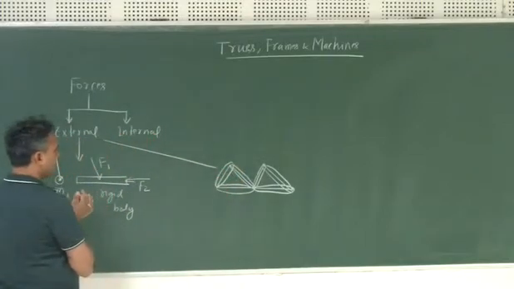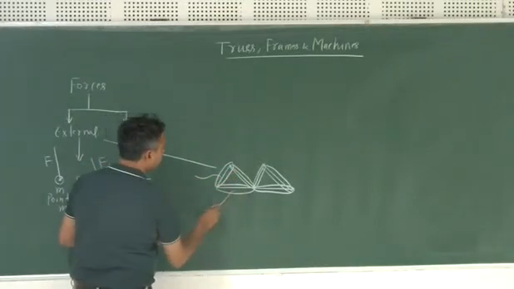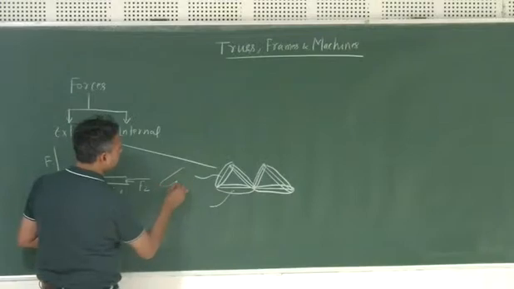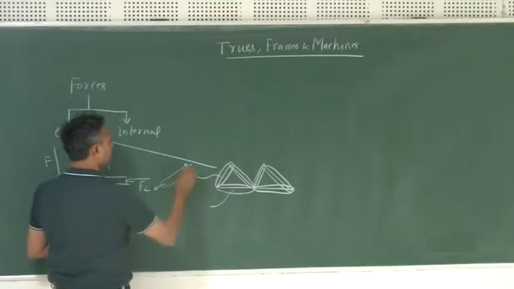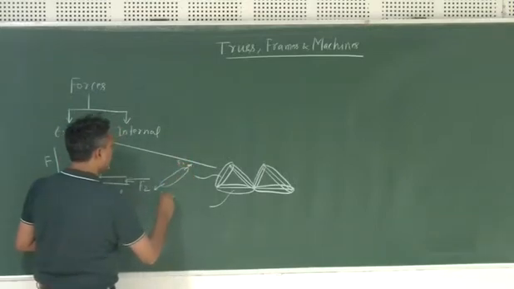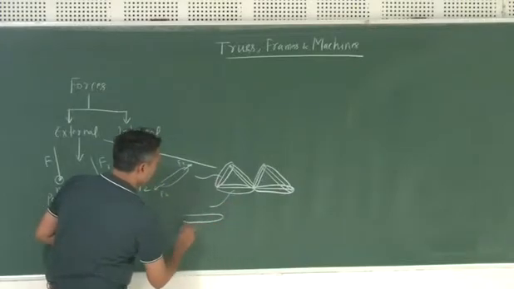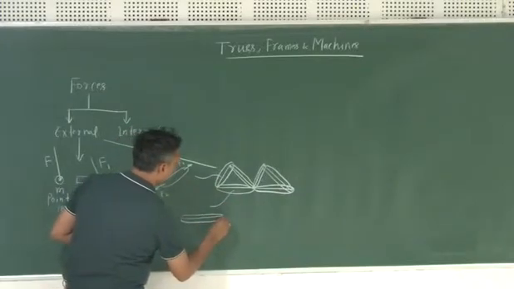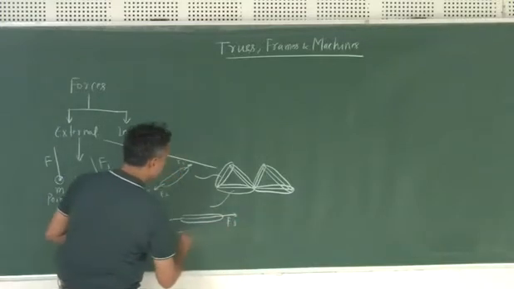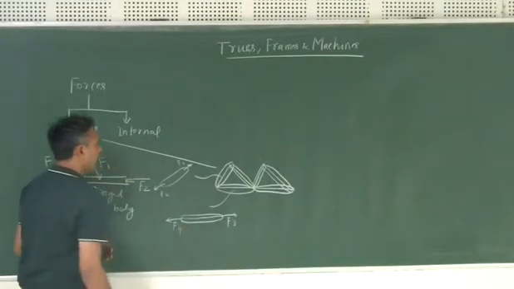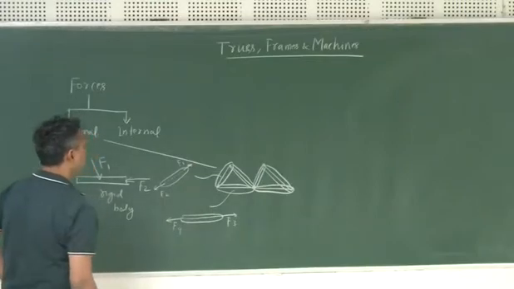If you separate all these members like this, you will see that each will have some kind of force. Let us say this is F1, F2, and this one has some forces, F4. Right now we are just taking a generalized case.